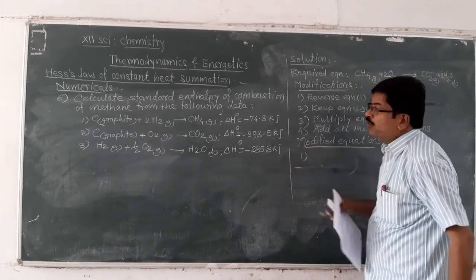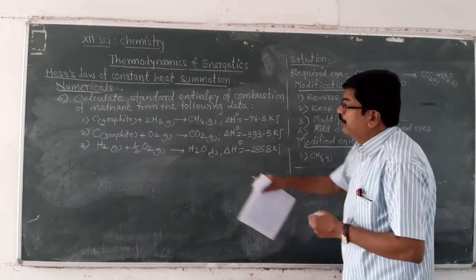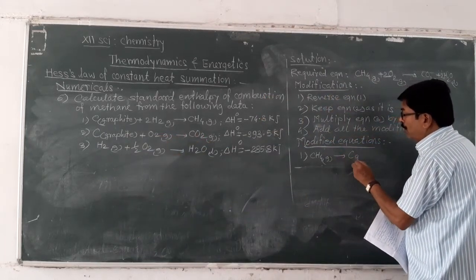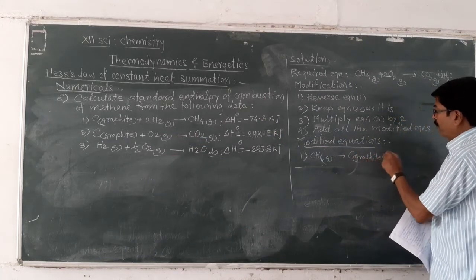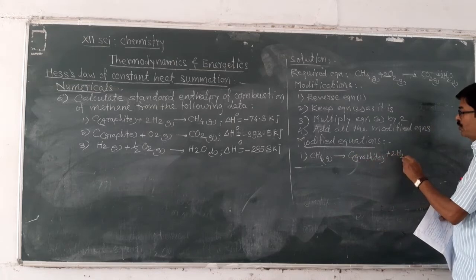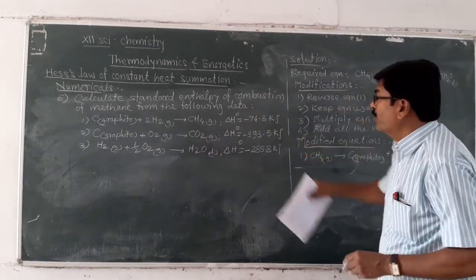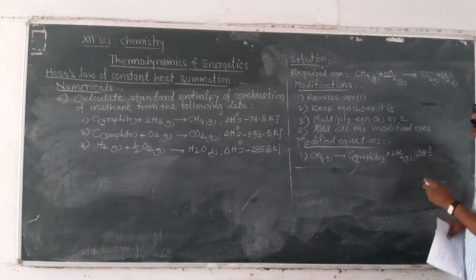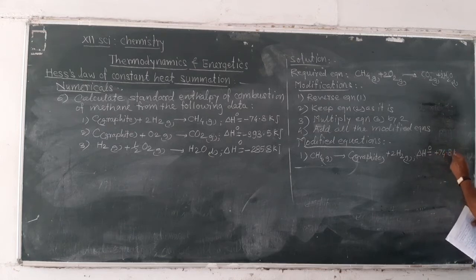First, we have to reverse this equation. That means CH4 gas becomes reactant, and carbon graphite plus 2H2 gas become products. The equation is reversed, therefore the enthalpy change becomes delta H naught plus 74.8 kilojoule.